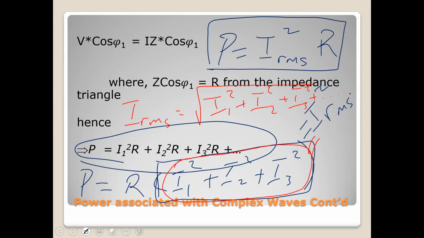So if I have I1 squared plus I2 squared plus I3 squared, then it's equal to IRMS squared. I'm just moving the square root sign to the other side. So by definition, what we have here is IRMS all squared, so I can replace all of that with IRMS. Again, it is tied to what we did in lesson 1.